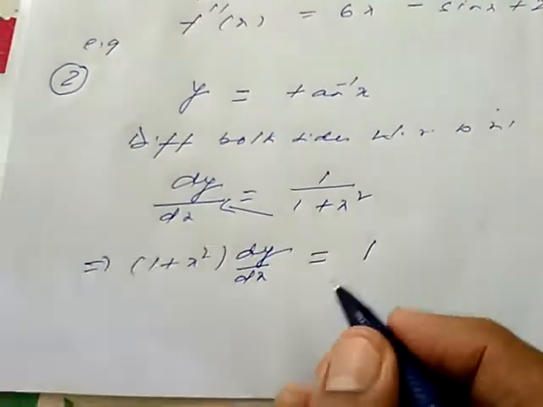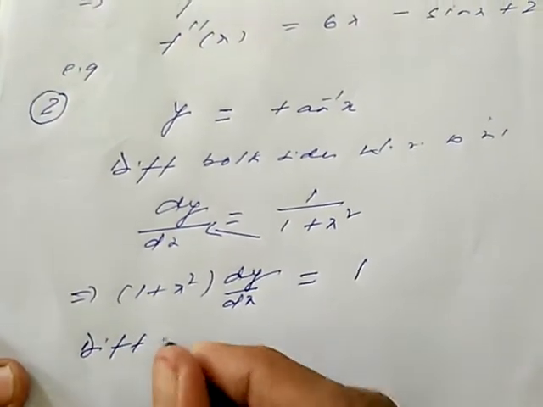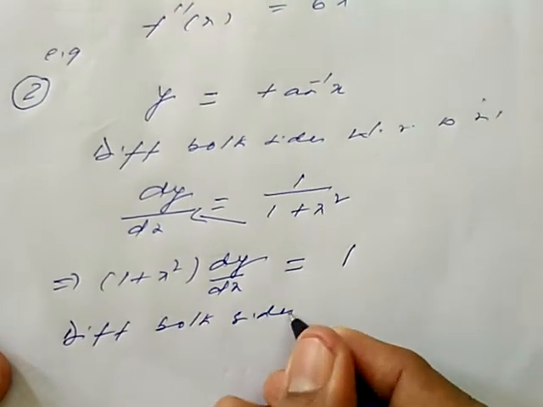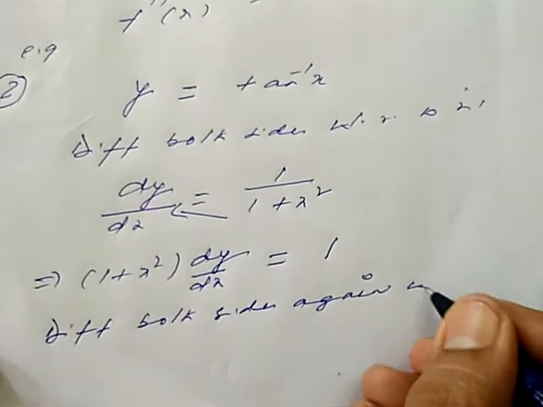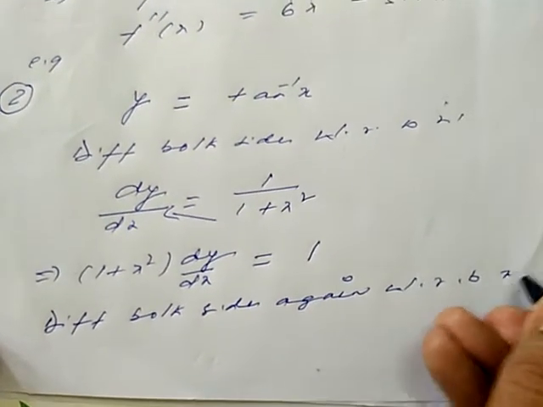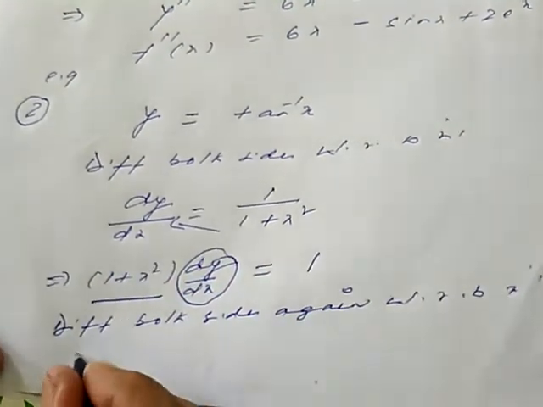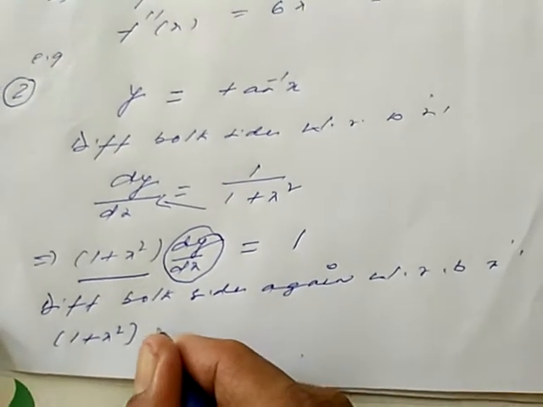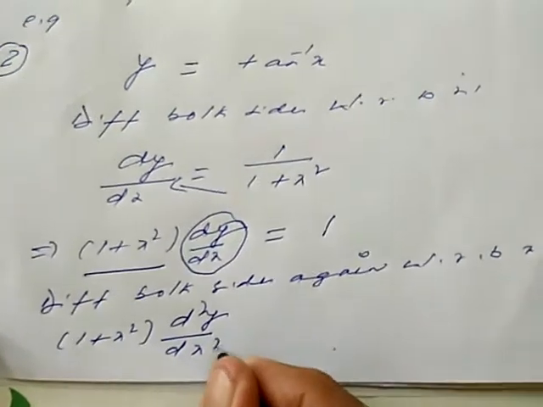But our motive is to go with the second order derivative. So we will differentiate both sides again with respect to x. What will happen? This is the u and this is the v function, the product of functions. First we will leave 1 plus x square as it is, and differentiate dy by dx, that will be d2y upon dx square.